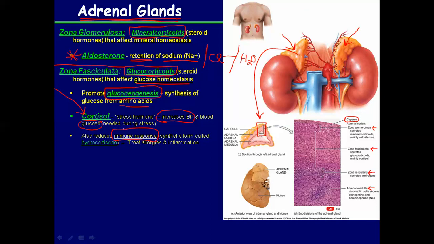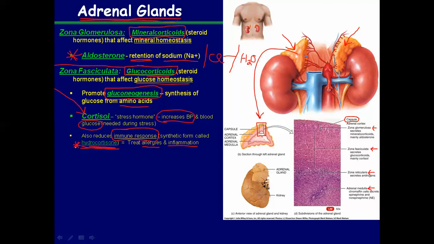And for this reason, we can use cortisol, or you've probably heard of hydrocortisone, which is a synthetic version, as an anti-inflammatory. So we use these as a medication to treat allergic reactions and inflammation. So hydrocortisone is a derivative of cortisol, and we can give it topically as a skin anti-inflammatory.